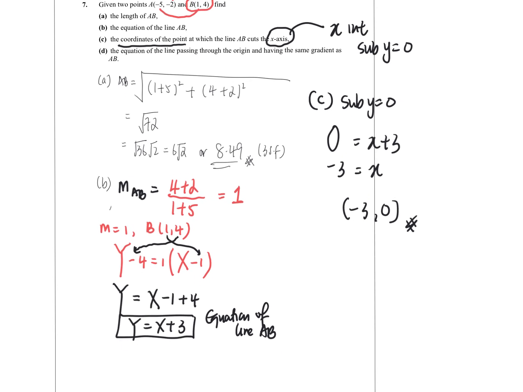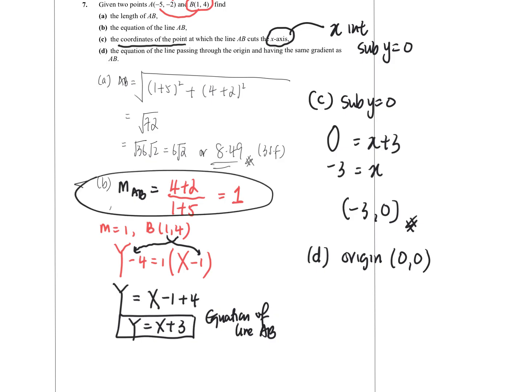Okay, next, I want to find the equation of another line that passes through the origin. So I mentioned before, origin is (0, 0). And it must have the same gradient as the line AB. So this is my gradient, and that is the point I want to use.